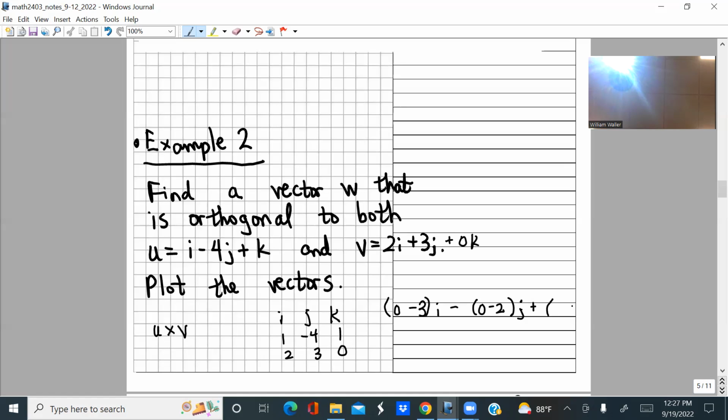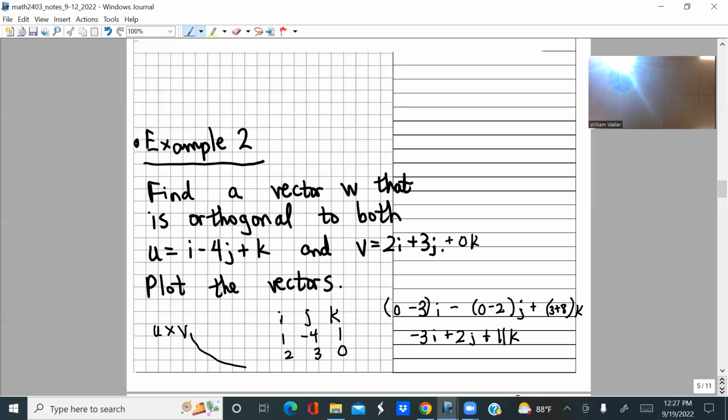And then for the third coefficient, ignore the third column, and then take this cross product. So 1 times 3 is 3. And then minus 2 times a -4. So that's -8, but minus a -8 is +8, times k. So you end up with minus 3i plus 2j plus 11 k.